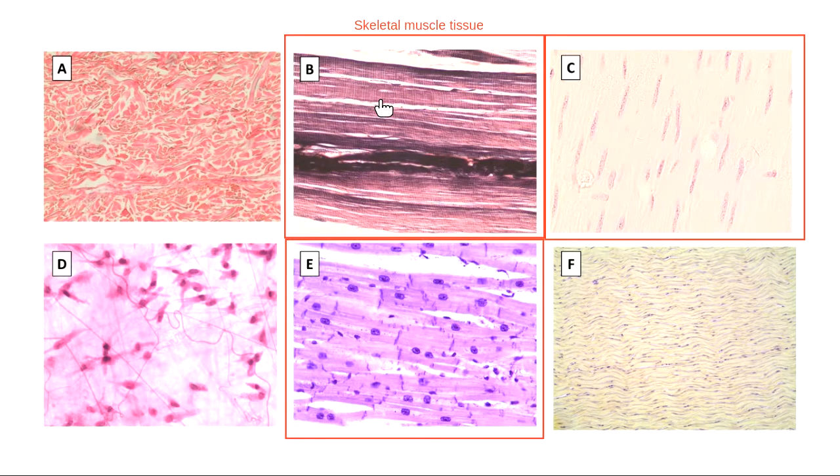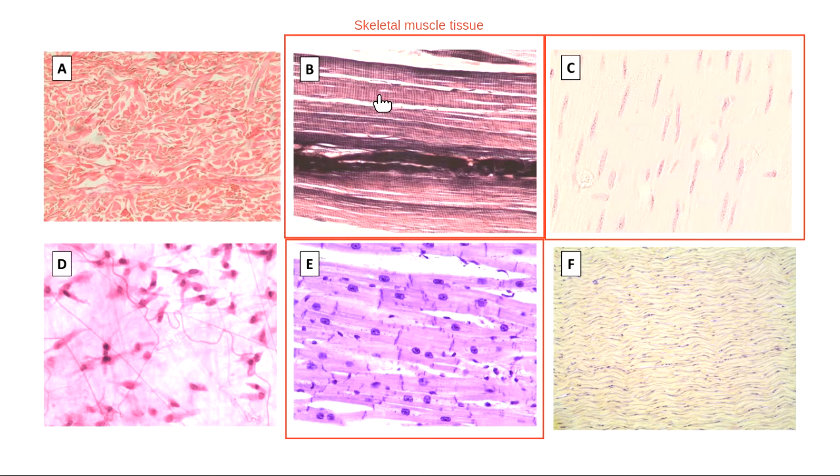There are only 2 types of muscle tissue in the body that are striated. Skeletal muscle tissue is one of them. What's the other kind of muscle tissue that is striated, that has dark and light lines in it? Yeah, the other type that's striated is cardiac muscle tissue.